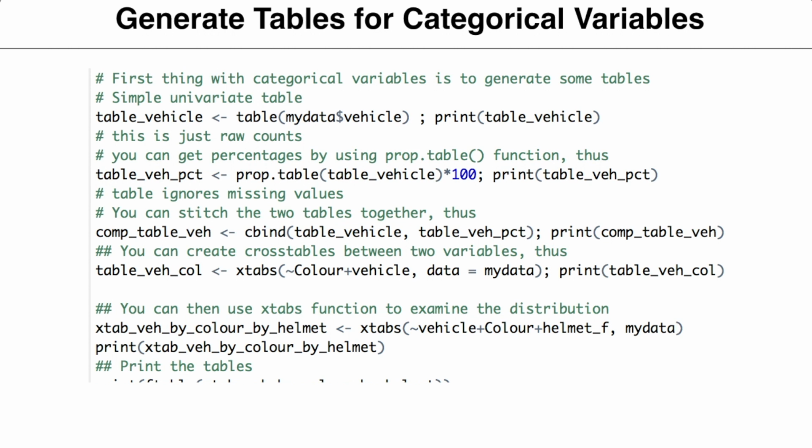But there is something very interesting about this. If you do this, then you can print the table, and you can get pretty much the raw numbers. But what becomes very interesting here is that you can actually then extend the number of variables by passing them as arguments and by adding them using a plus sign, all categorical variables, into the xtabs function, and then specify the data object or the data frame where they will be found.